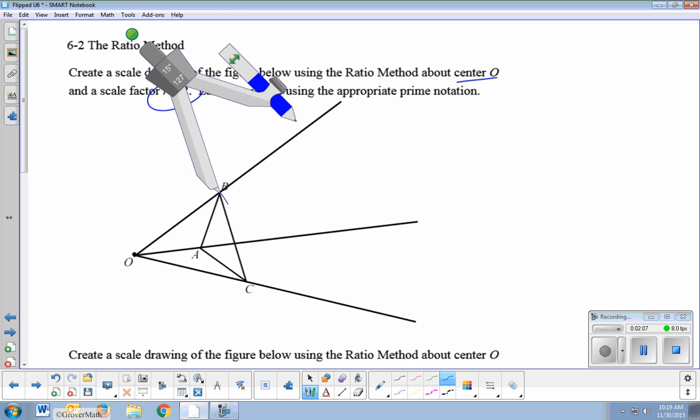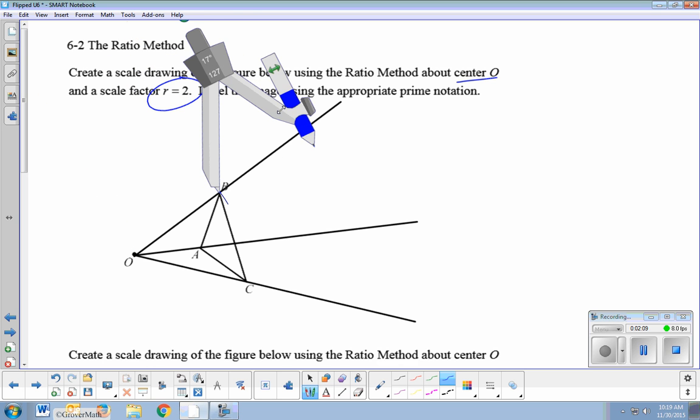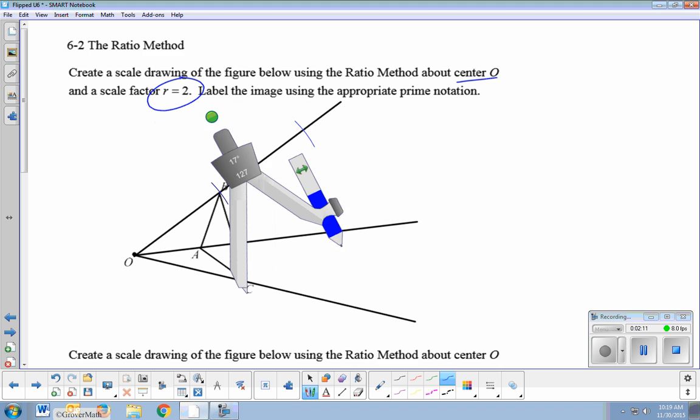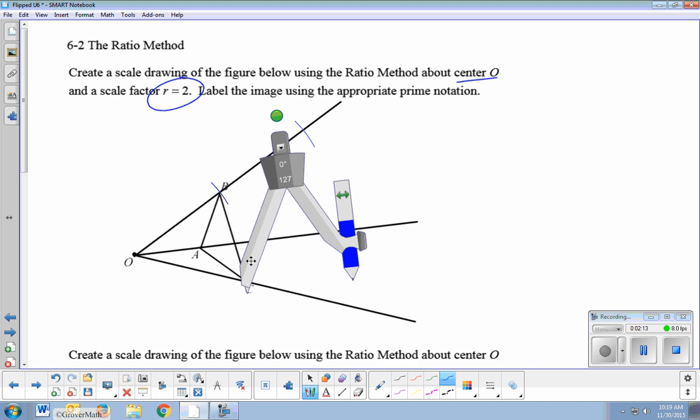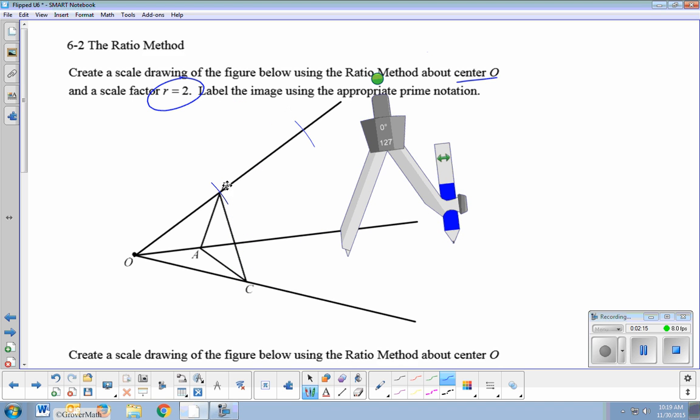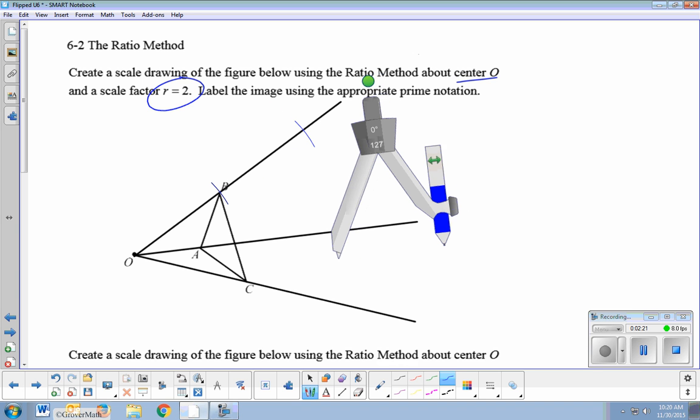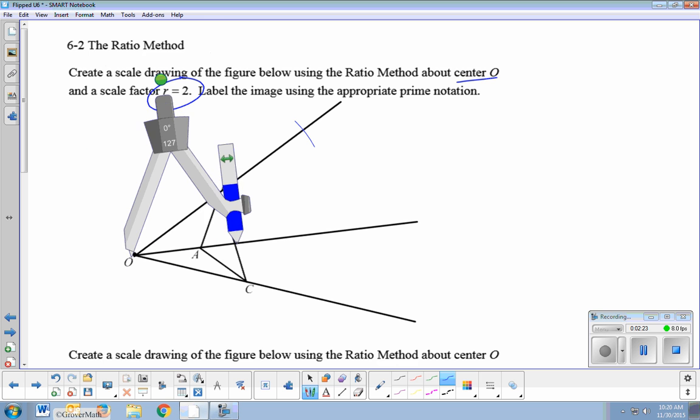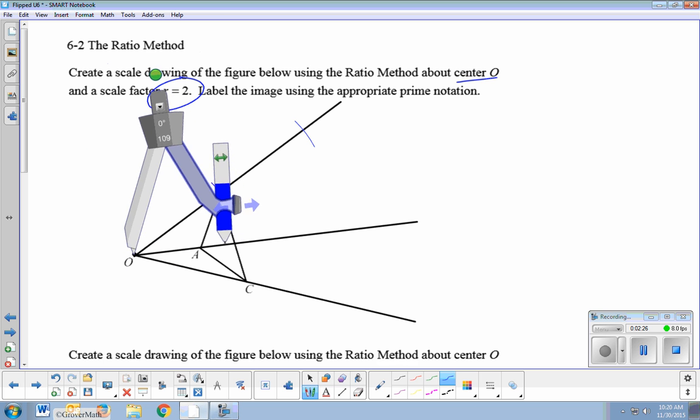So then I double the distance. And that's what we do for each of our points, because what this will do is if B prime's twice as far, that's going to make sure that my lengths are twice as long, because my ratio is 2. That's what I'm going for. So that's how we do this. So it's actually really not too complicated, not too bad.